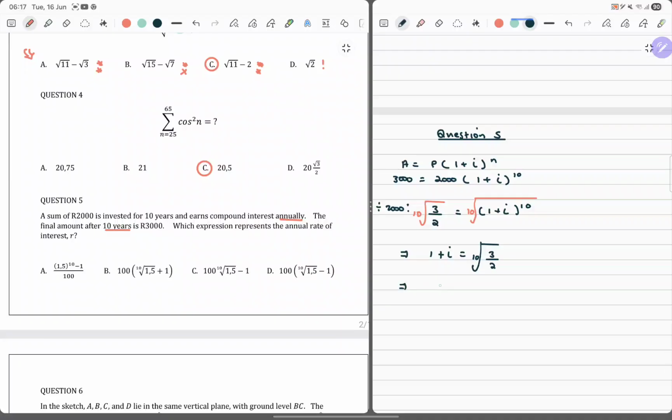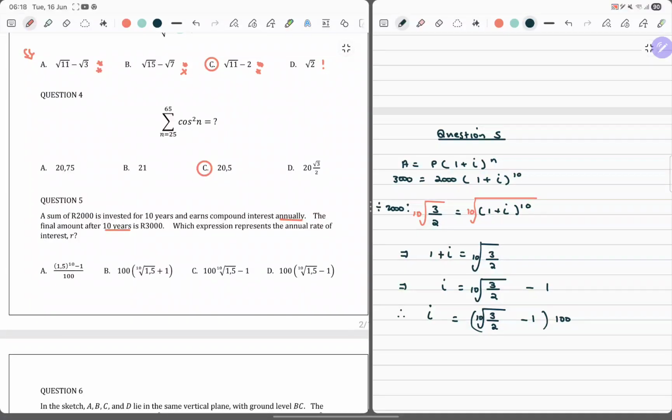Okay, right, so we move everything around. So this implies that we've got i is going to be equal to the 10th root of 3 over 2 minus 1. Now remember, for i, it has to be a percentage. So whatever we've got here has to be multiplied by 100. Great, so do we see something like that?